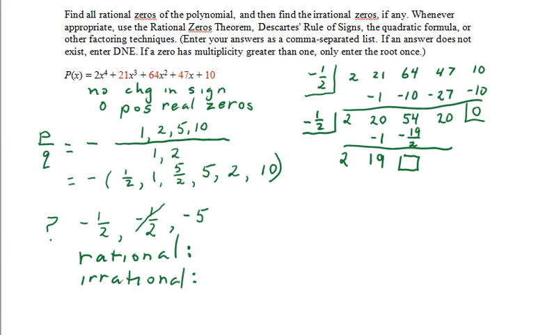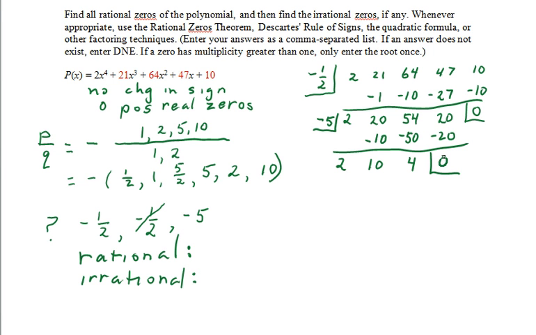I'm going to do some erasing to back us up to the point where we had just found our first quotient. And I'm going to use -5 as my second divisor. 2 would be the leading coefficient in the second quotient, times -5 would be -10, add 20 would be 10, times -5 would be -50, add 54 would be 4, times -5 would be -20.